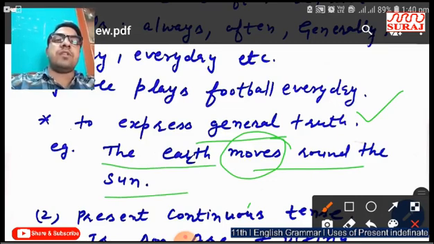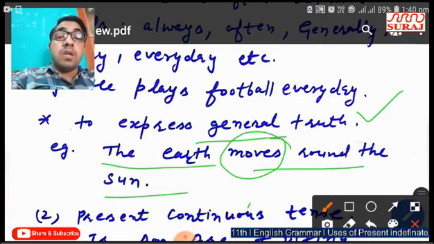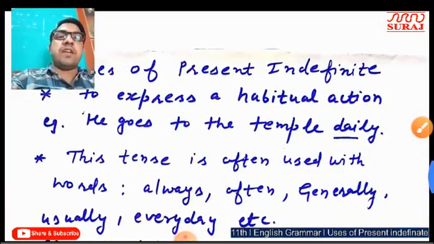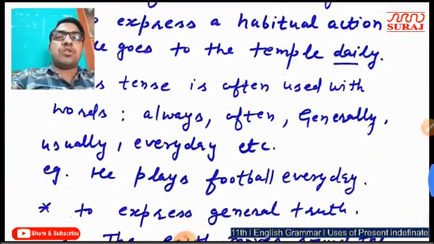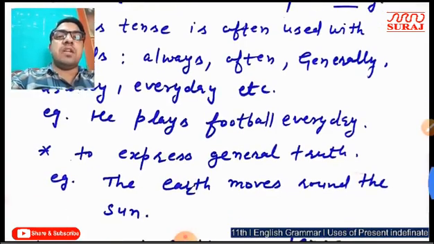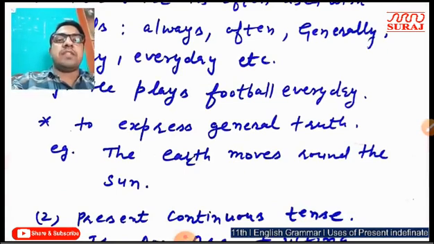That's why we should use present indefinite in this sentence. Two and two makes four. This is also a general truth. So we should use present indefinite to express habitual action, with the words always, often, generally, usually, every day, and to express general truth.